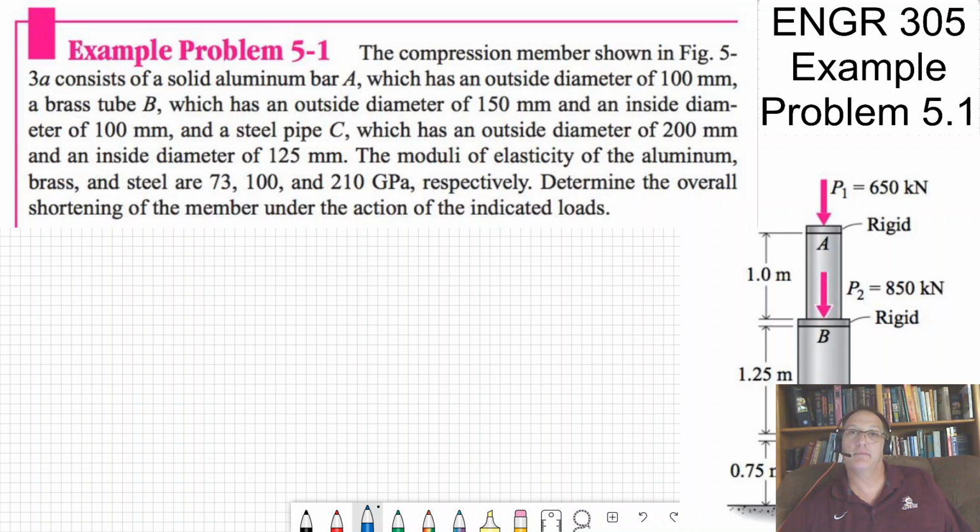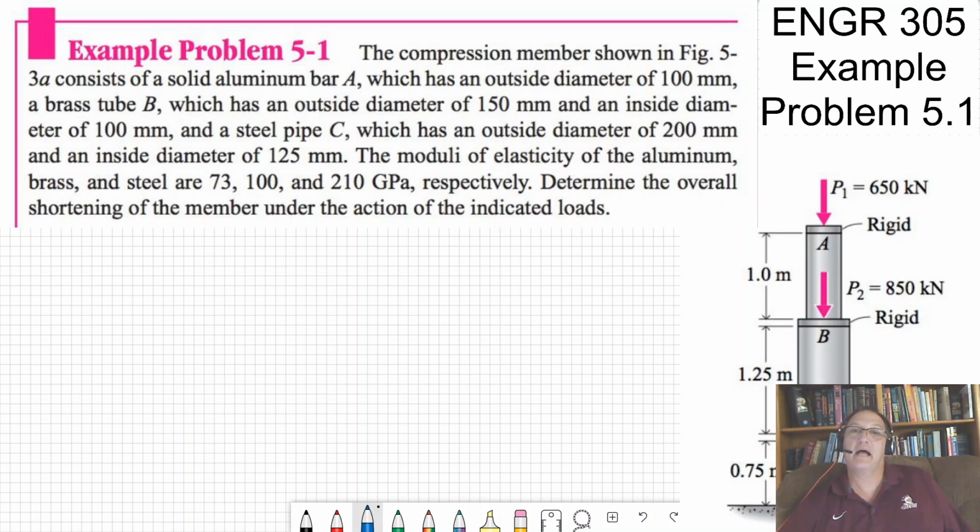The compression member shown in figure 5.3a consists of a solid aluminum bar, which has an outside diameter of 100 millimeters, a brass tube B, which has an outside diameter of 150 millimeters and an inside diameter of 100 millimeters, a steel pipe C, which has an outside diameter of 200 millimeters and an inside diameter of 125 millimeters.